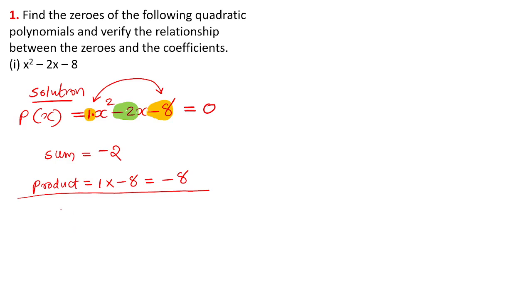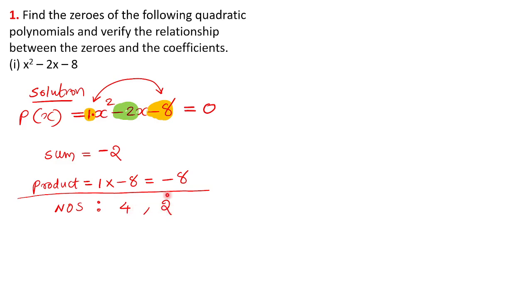What are the two numbers whose sum is minus 2 and product is minus 8? You guess it. One possibility is 4 and 2. 4 into 2 is 8 actually, but the product must be minus 8. So one of the numbers should be negative.